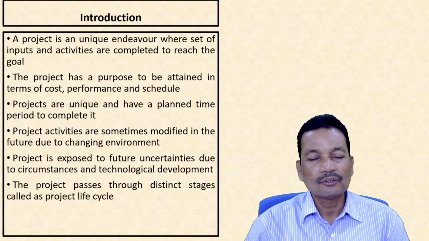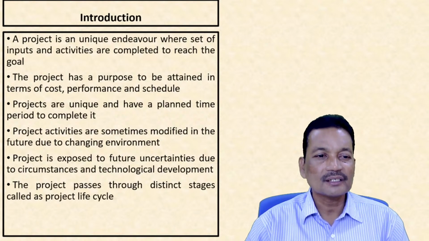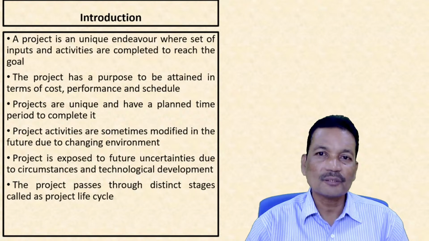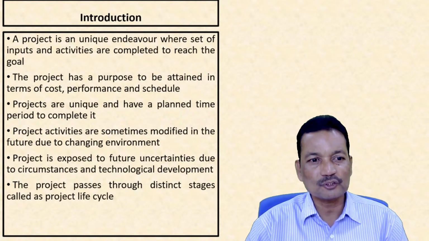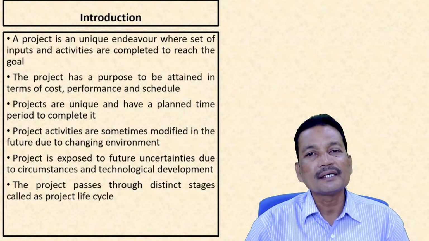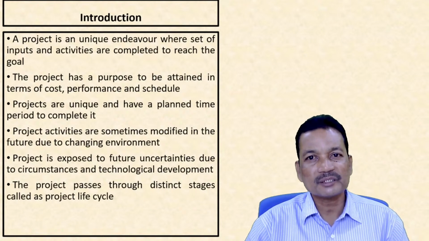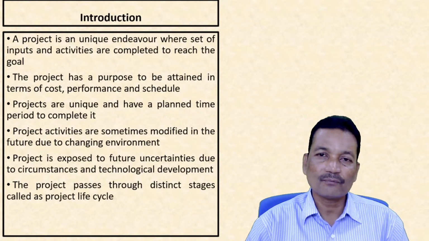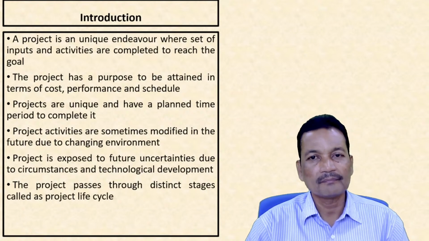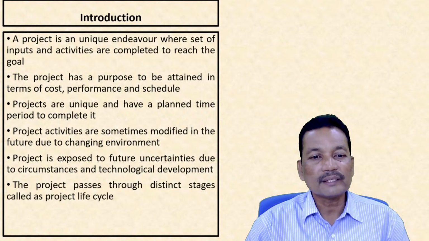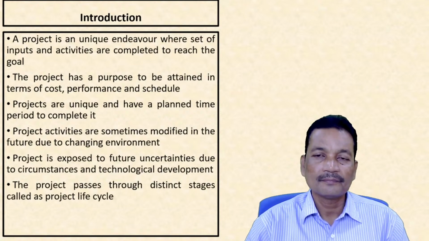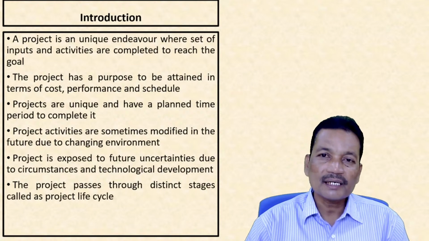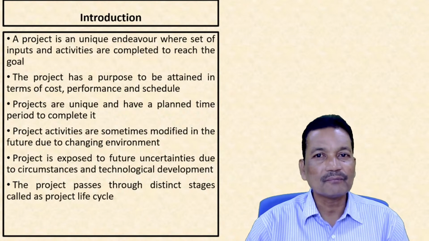Now, these future uncertainties to which the project, or the activities in the project, are exposed may be due to the actual circumstances arising in the future period of time. Or we know that at this particular juncture, technological development is occurring at a very fast rate.